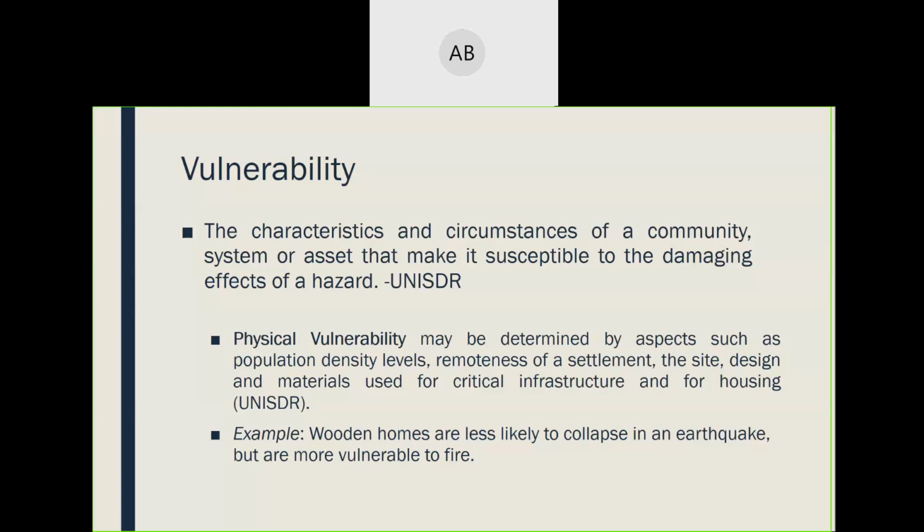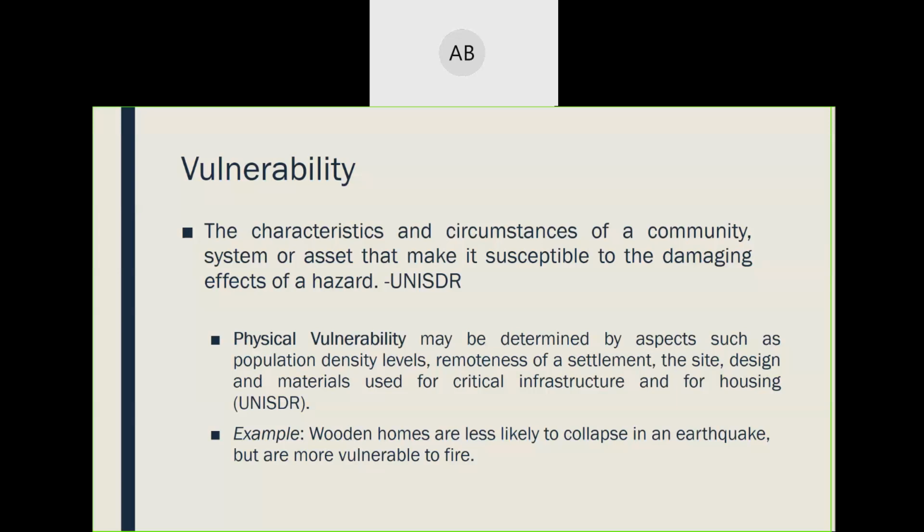Total collapse of the building is very rare if the building is constructed following the prescribed guidelines. Normally, if you are living in a more earthquake-prone zone, or earthquake vulnerable zone, it is advisable that you do not put heavy materials in the construction of the walls.